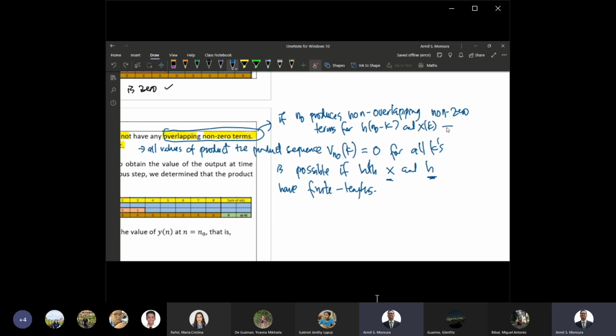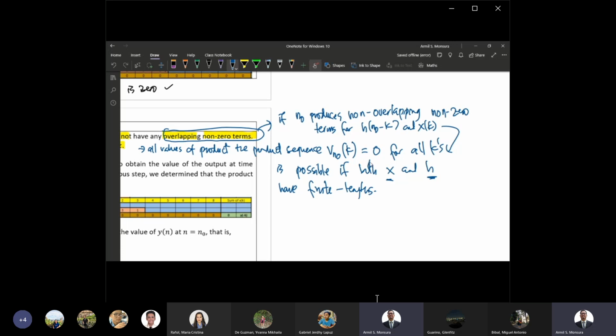Pag shift nyo si h of n, pag finold at shift nyo siya, and it turns out that that shift produces non-overlapping non-zero terms. Ibig sabihin, yung mga non-zero terms nung dalawang sequence are not overlapping. Okay, then ito yung mangyayari. The product sequence will become 0.